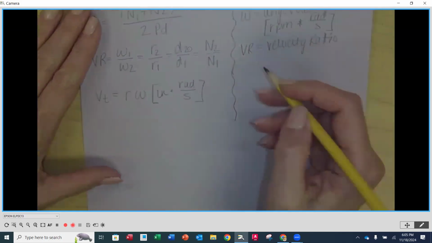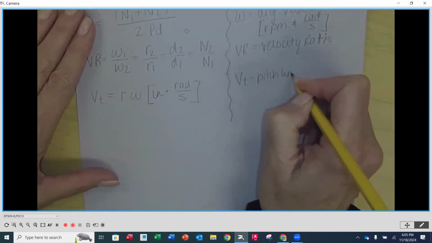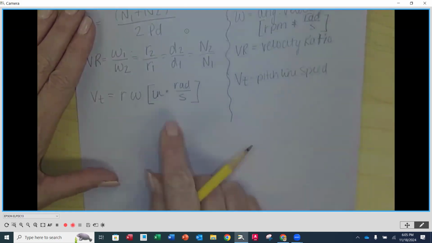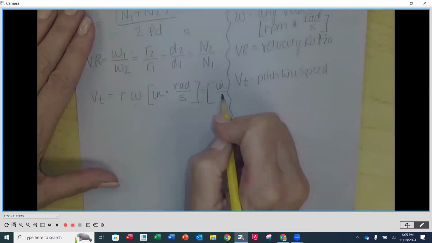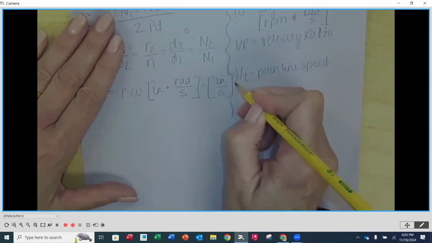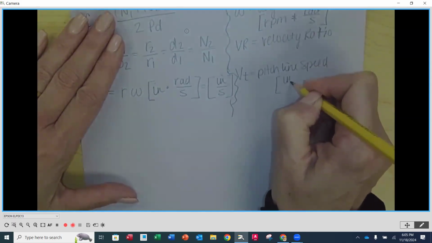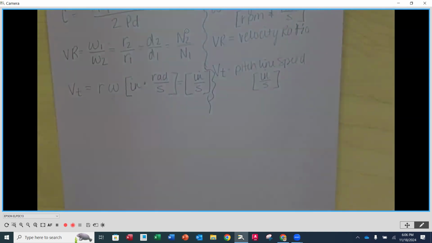So VT is equal to pitch line speed, and as we combine these two, these units are going to be inches per second. So that's a reapplication of something that we've already looked at.